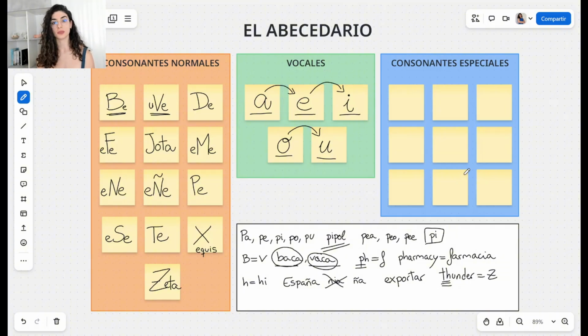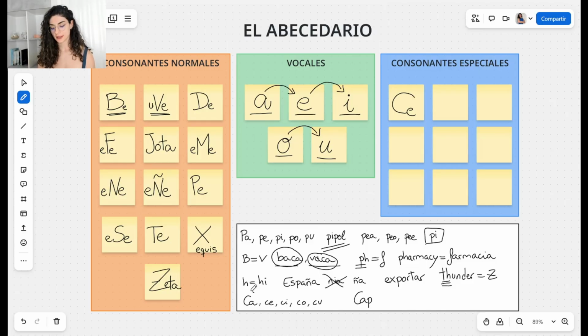Then we have the special ones. The first one is going to be letter C, ce. Why is this special? Because when you write the combination with all the vowels, this is not going to be ca, ce, ci, co, cu. This is going to be like in English. For example, when you pronounce this word, this is going to be cap.